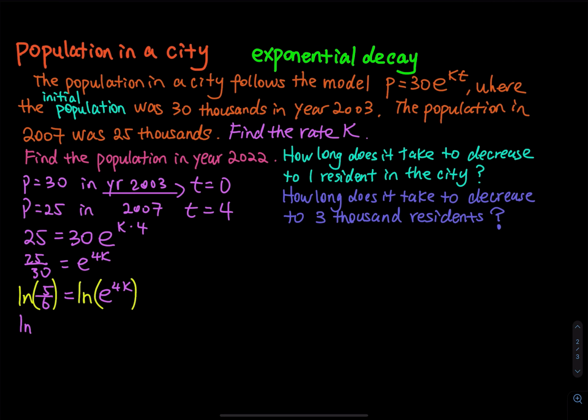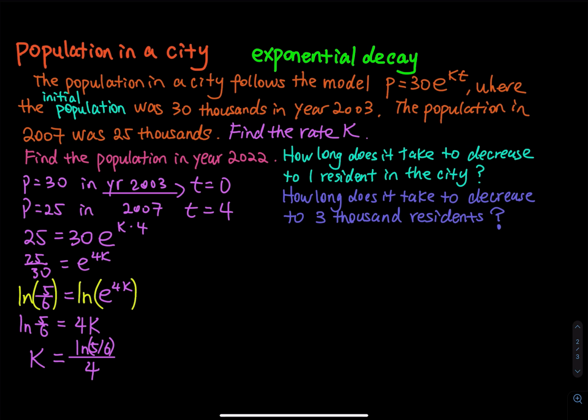So you have ln 5 over 6 equals 4k, ln e equals 1, and then what is k? k equals ln 5 over 6 divided by 4. I would like to see this on everyone's paper. So ln 5 over 6 divided by 4, this is the exact value of the rate.